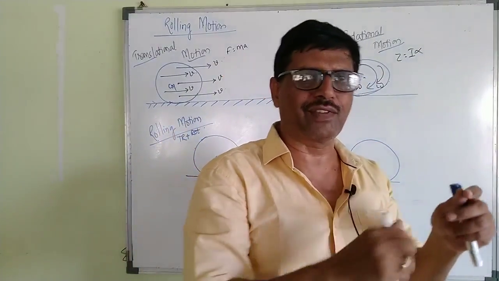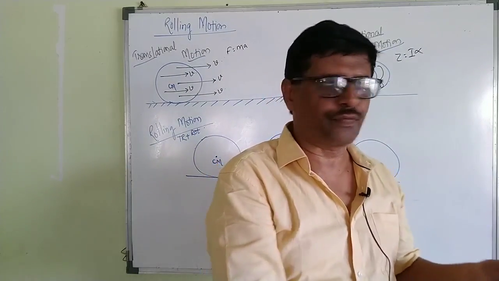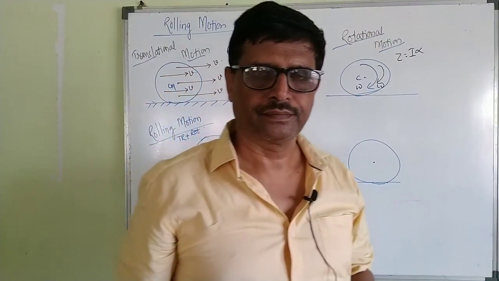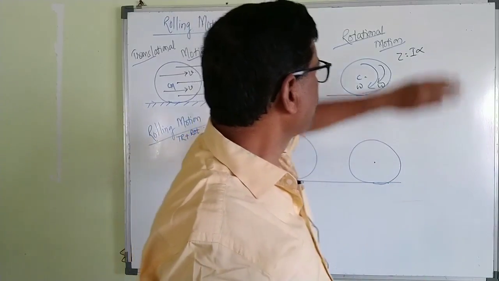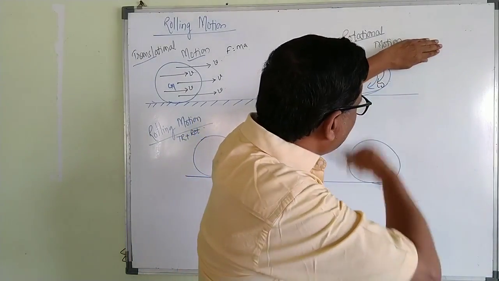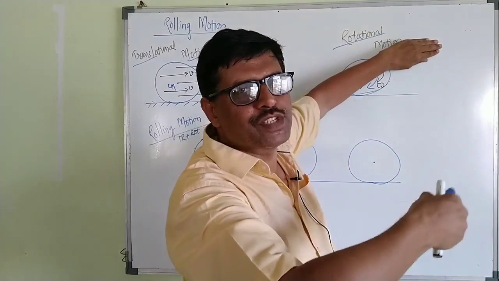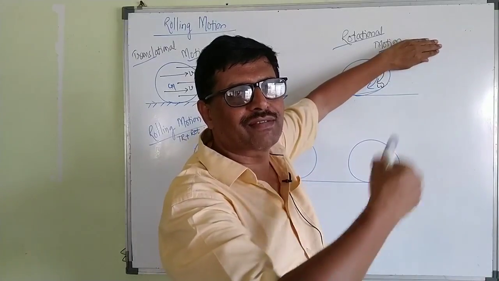But the change of angular velocity of all the particles will be the same. Therefore, the angular acceleration of all the particles will be the same. If there is no external torque, it moves with constant angular velocity. Angular velocity is the same. What it means is that every particle will trace equal angle in equal interval of time.